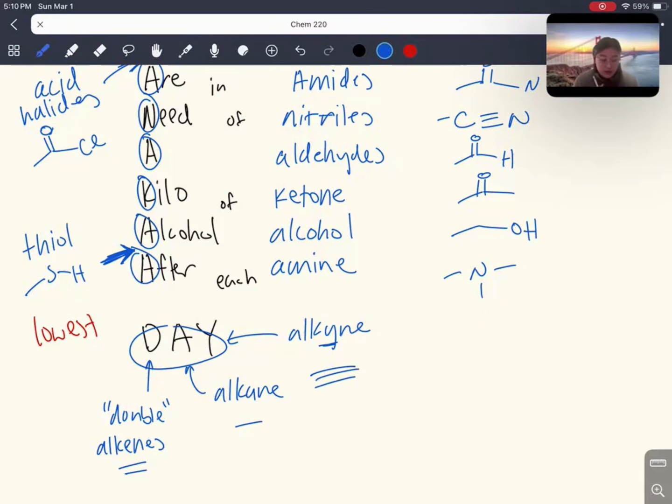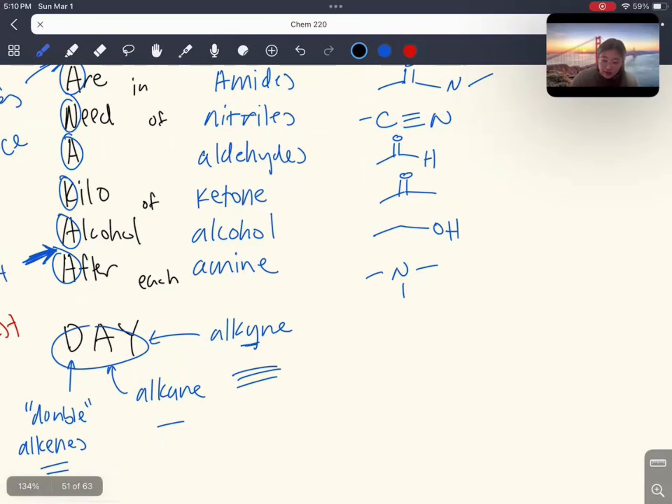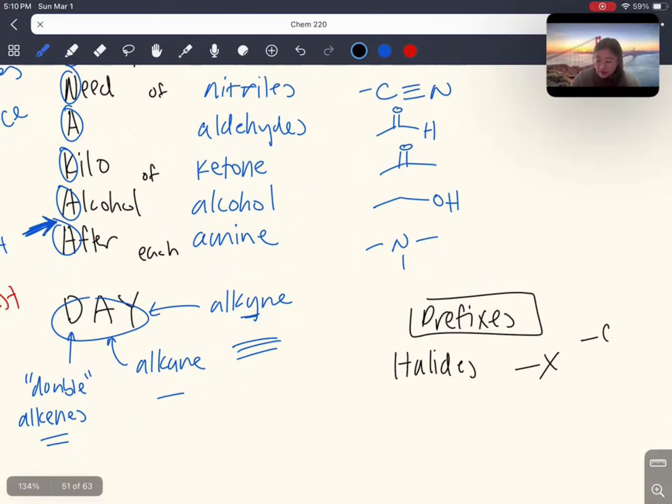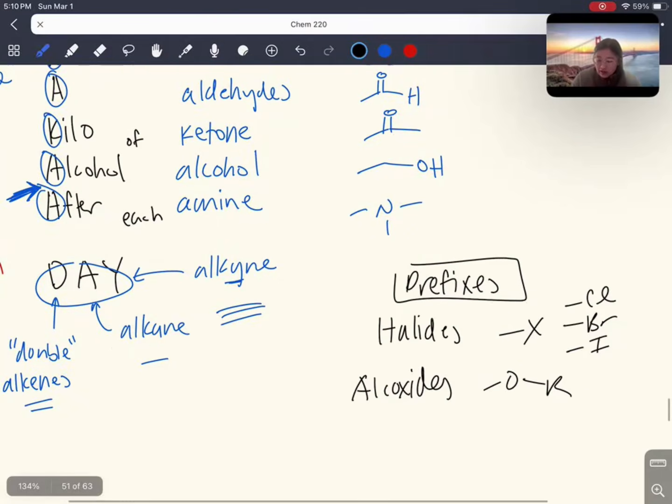Something to remember is that there are some functional groups that do not have a parent name suffix. They are only prefixes. Those groups are halides, so a functional group with an X, like chlorine, bromine, etc. Then you have alkoxides, like methoxy groups and ethoxy groups, and also nitro groups, which is an NO2 group.